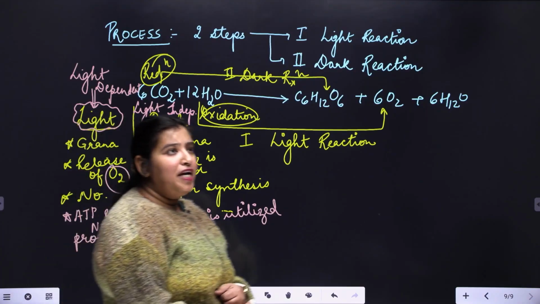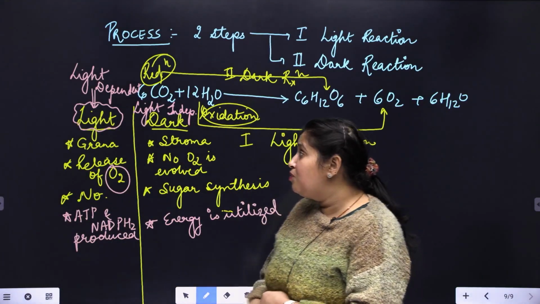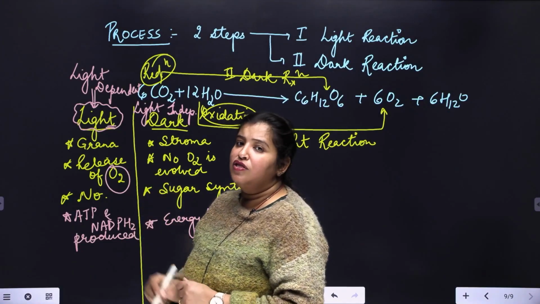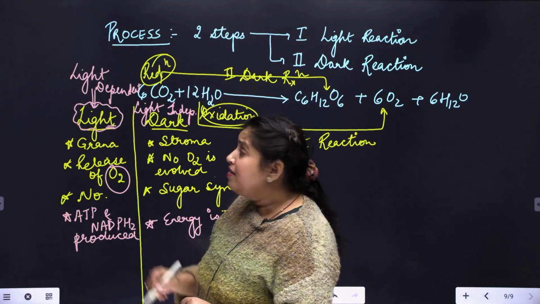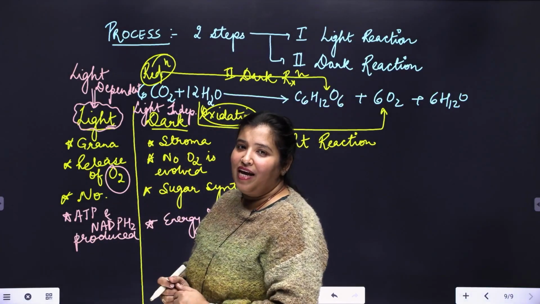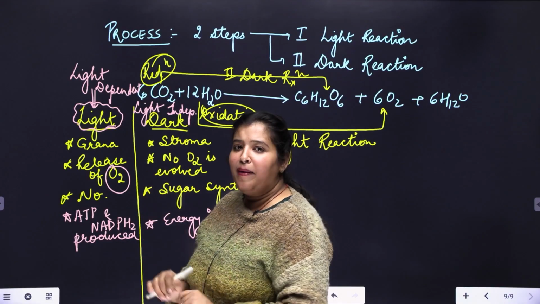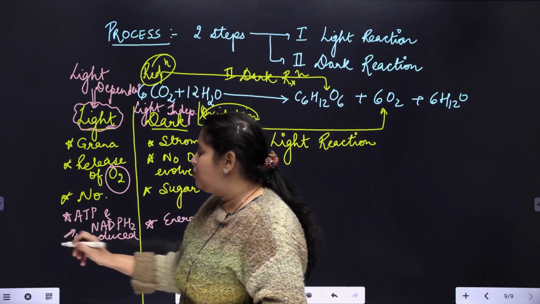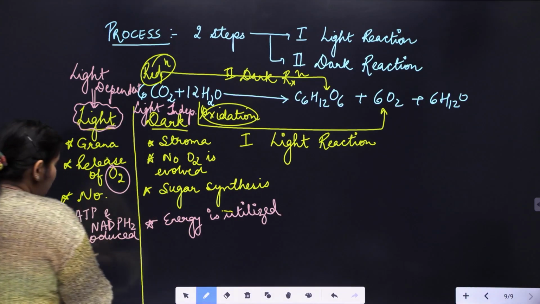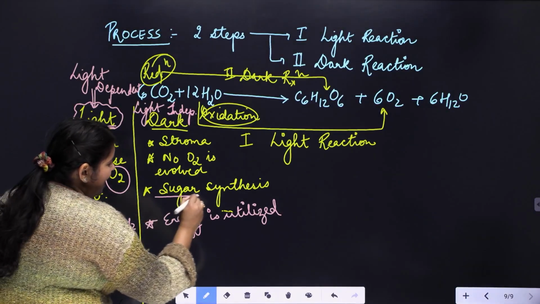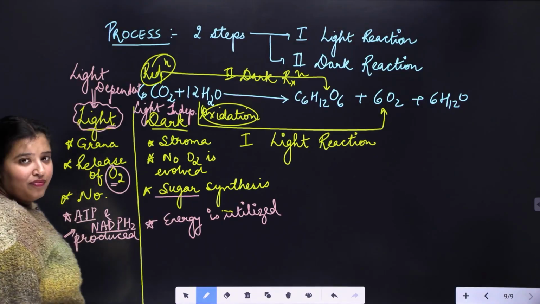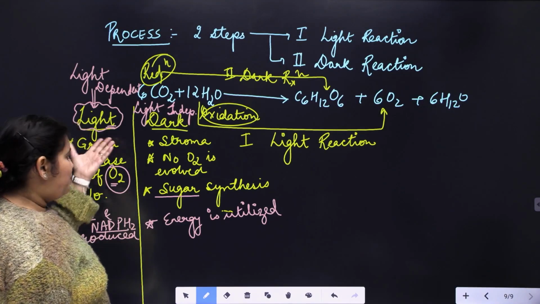The ATP and NADPH2, which are being produced during the light reaction, are being utilized in the process of dark reaction. Therefore, I said that light reaction has to happen first and it will be followed by dark reaction. Dark reaction cannot happen independently because it depends on these products. All right. So, the product of dark reaction will be sugar and the product of light reaction is ATP, NADPH2 along with oxygen. Fine. So, the site we have discussed.